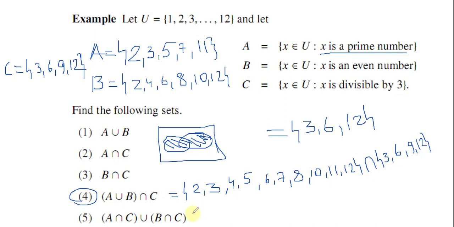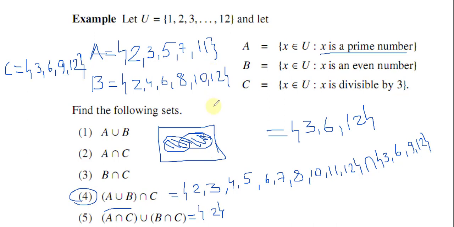Okay, next one now. A intersection with C. Sorry, we should consider A with C, not with B. Because A was prime numbers and B is even numbers.